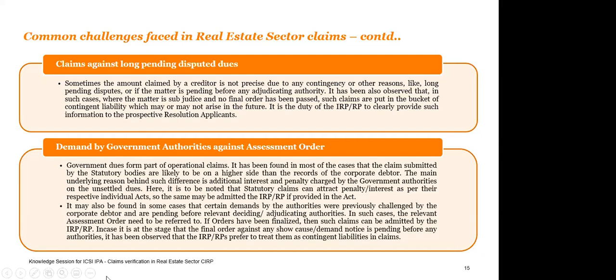If it is being challenged before any of the adjudicating authorities and is still under adjudication, or if the final assessment order has not been released and the amount has been estimated only based on show cause notices, then again we have seen a practice that IRPs or RPs consider this portion as contingent claim and inform the PRAs so that they can appropriately provide for this, or provide in their resolution plan for such things.